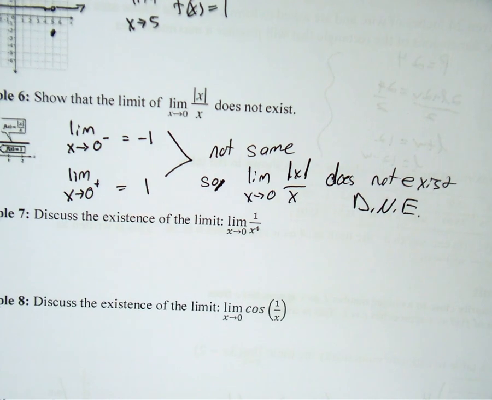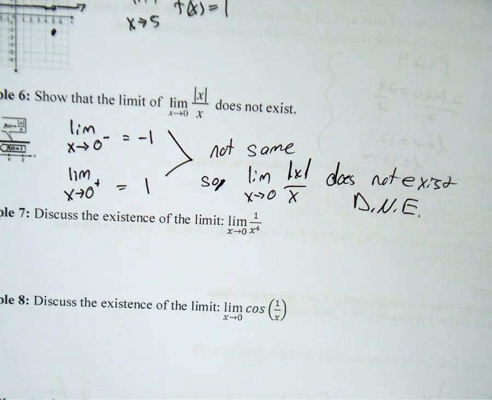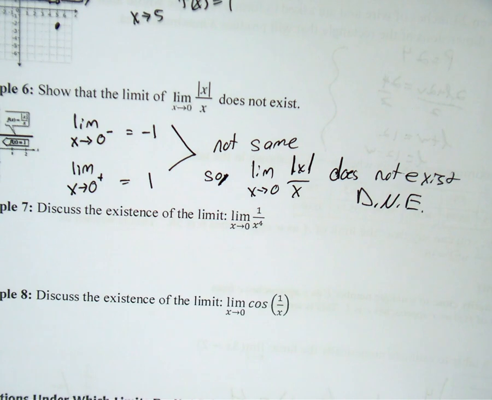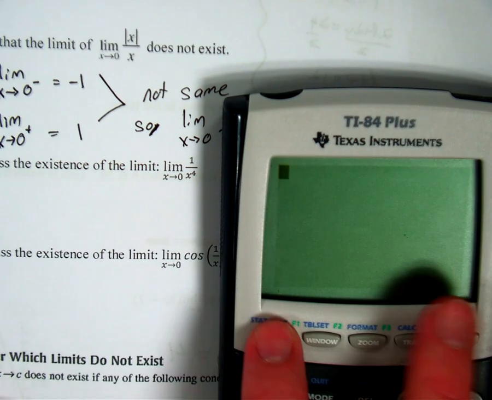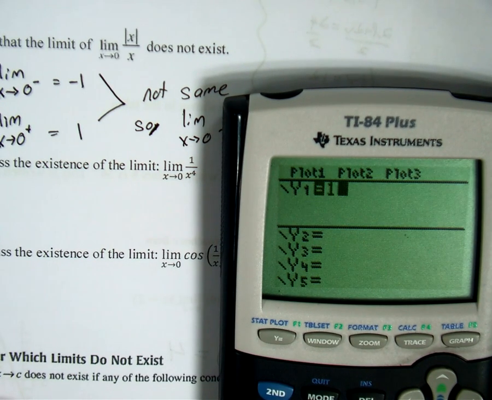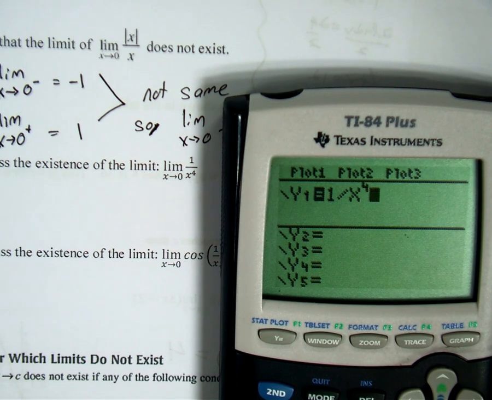Discuss the existence of the limit as x approaches 0 of 1 over x to the 4th. So we're going to type it in, and we're going to look at it. Y equals 1 divided by x to the 4th. Not 1 over x, parentheses to the 4th. 1 over x to the 4th.